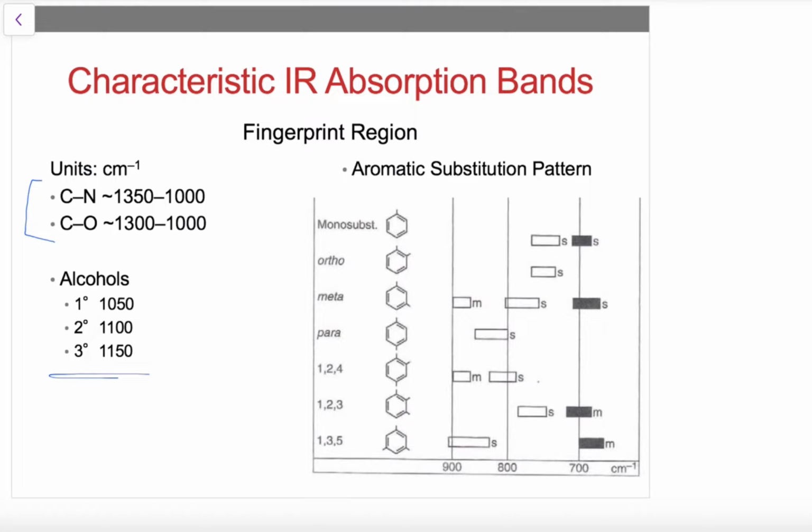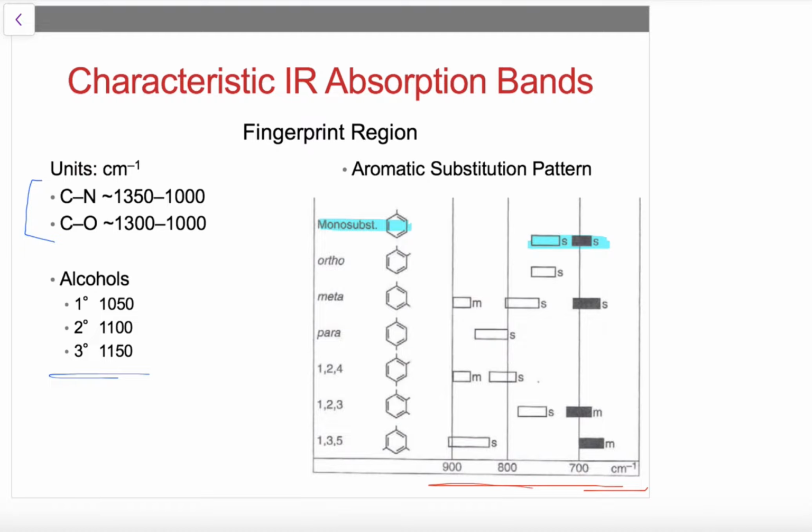Whenever we look at this table, these are our wave numbers on the spectrum. The boxes represent a peak. If we look at the mono-substituted benzene, we see that there should be two peaks on the spectrum.